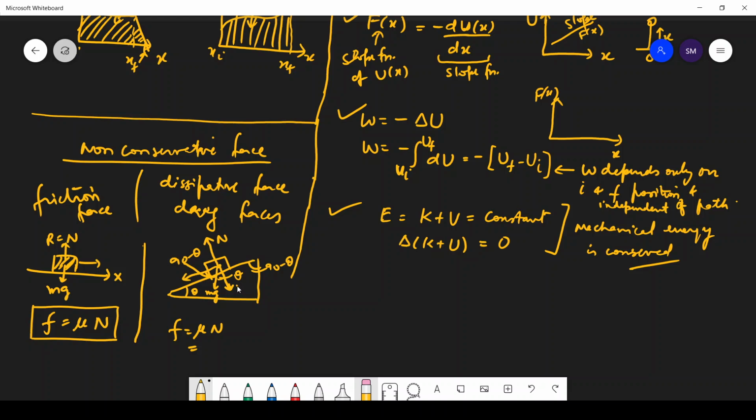So this is mg cos theta. You have studied sine and cos. So this side is hypotenuse times cos theta and this side is hypotenuse times sine theta. So this is mg cos theta and this is mg sine theta.